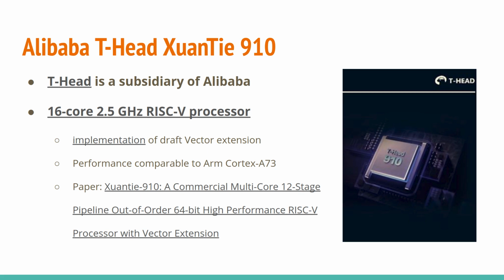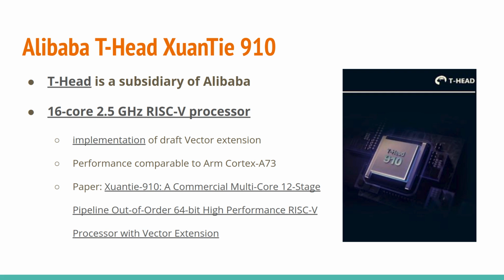So Alibaba has a chip design division called T-Head, and they've designed a really high-end 16-core 2.5 gigahertz RISC-V processor. It also implements the draft of the Vector extension, which I think will be a really interesting way in which people will be able to do certain types of programming much better with RISC-V than with alternatives.